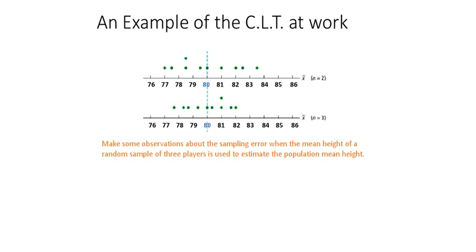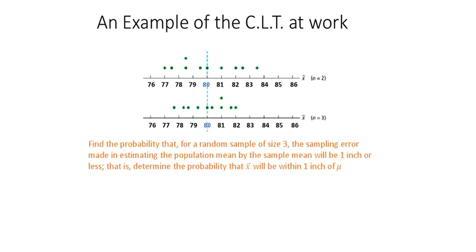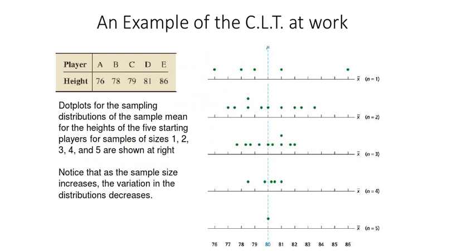What's more, if we were interested in finding the probability that for a random sample of size 3, the sampling error will be within 1 inch or less of the population mean, we see that we now have 1, 2, 3, 4, 5 out of the 10 samples within that 1 inch range. If we continue to increase the sample size, here's our sample of size 3 here in the row, and if we go to a sample of size 4, we see that all of our samples would be very close.